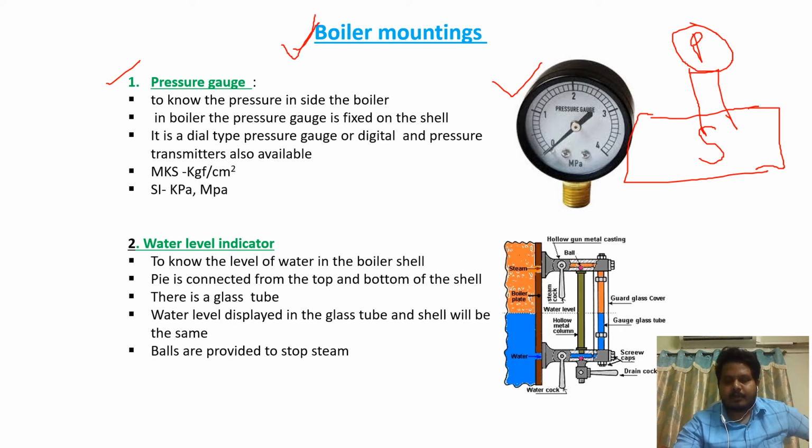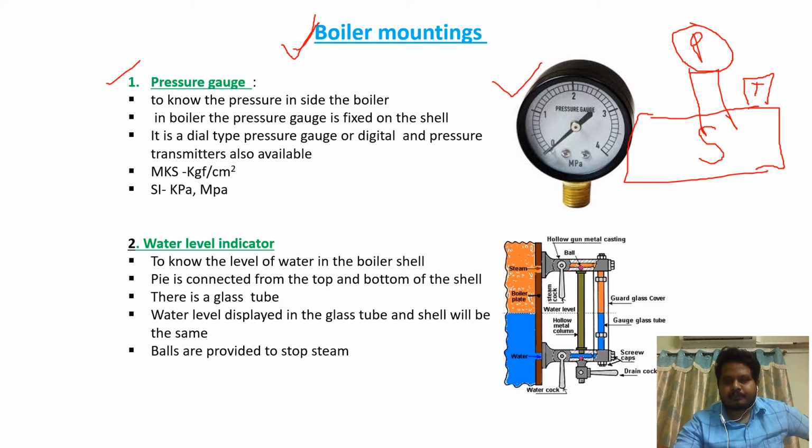Nowadays, people have been using digital pressure gauges, and also transducers, which will give the pressure reading. Even if we have a transducer, there should be either a digital type or dial type pressure gauge on the shell. That is the rule.